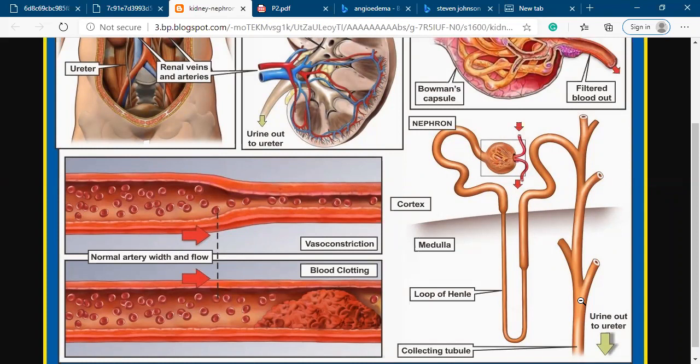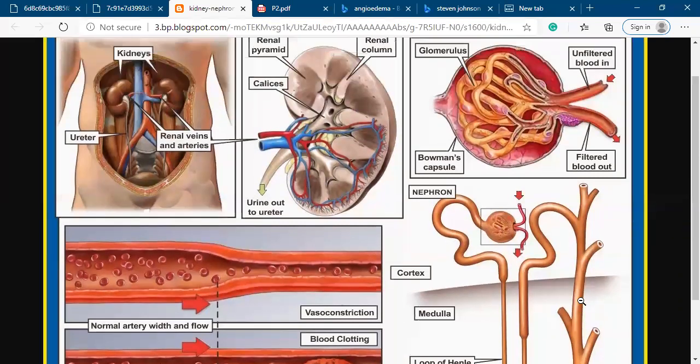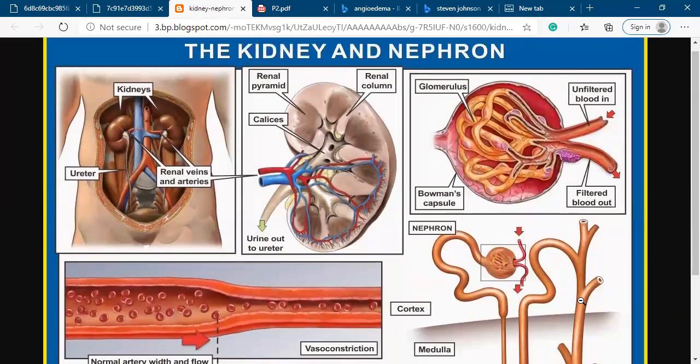But in this picture, let's give a little bit of focus to the glomerulus. This is called Bowman's capsule. Inside the Bowman's capsule is the glomerulus. This small one, we make it bigger.